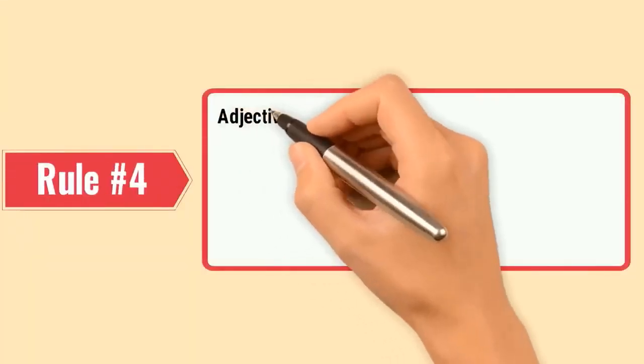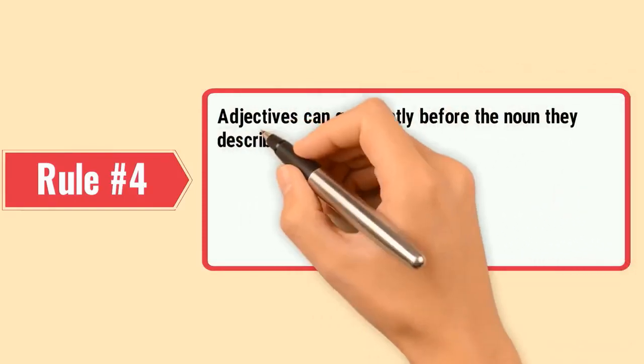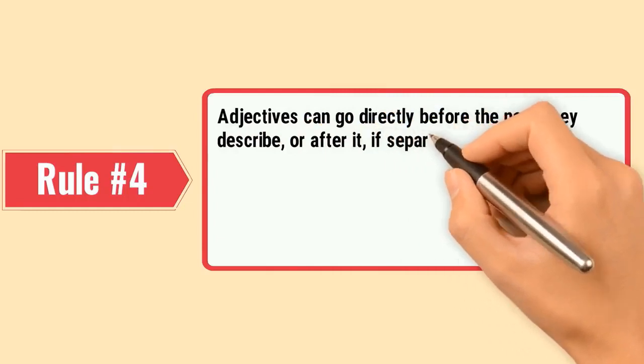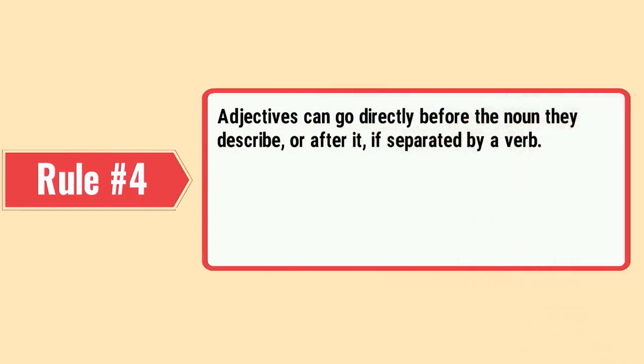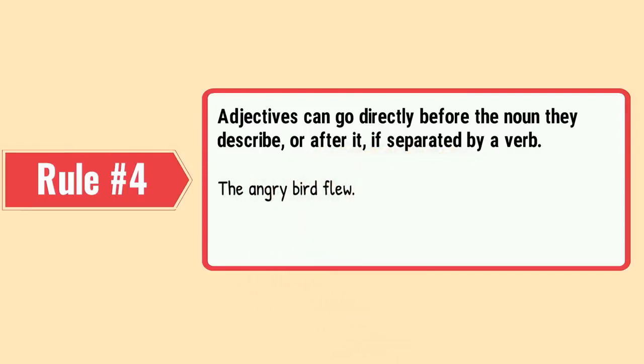Rule number 4. Adjectives can go directly before the noun they describe, or after it if separated by a verb. The angry bird flew.